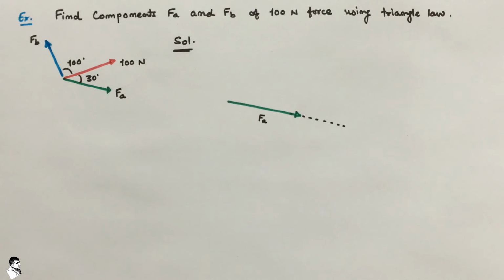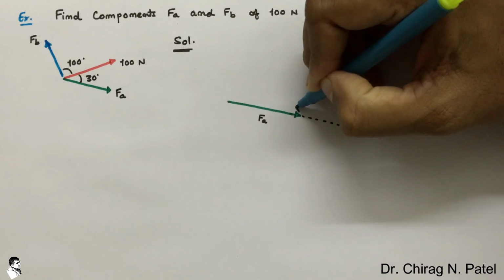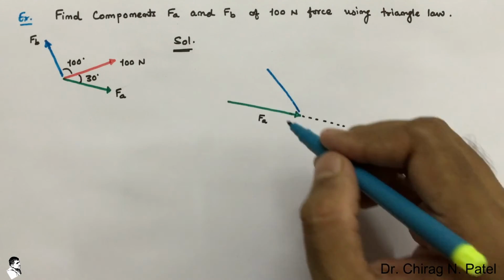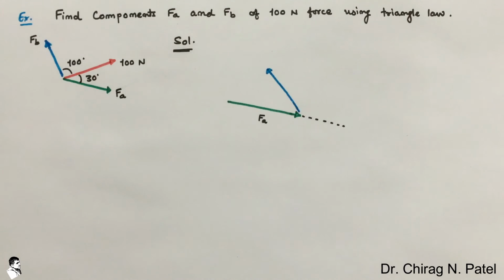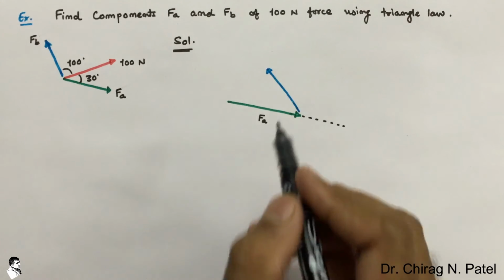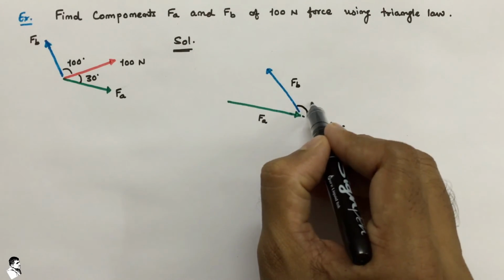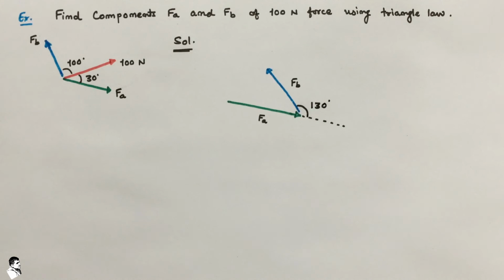So with respect to this line, we can easily draw a 130-degree angle and then plot an FB force with its particular magnitude as well as the direction. So let us plot it from the tip of the force component FA. So this is our force component FB, and as I said, this will make a 130-degree angle.